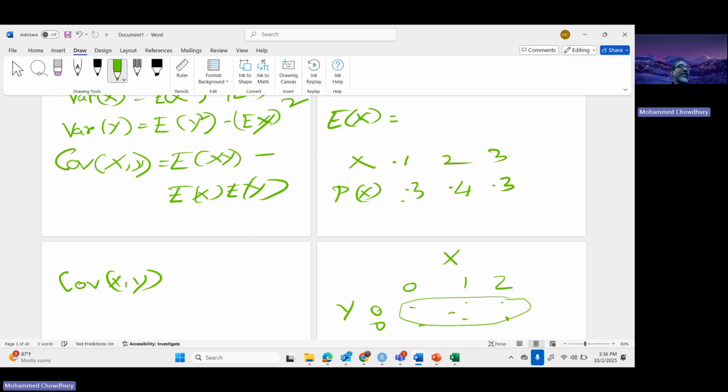If a frequency is given, then a joint frequency distribution, you can convert it to the joint probability. Remember the player, non-player, and minor and adult, that was in the frequency table, but I converted it to the joint probability table. Okay. And after converting, then you can compute mean, variance, covariance, and everything.